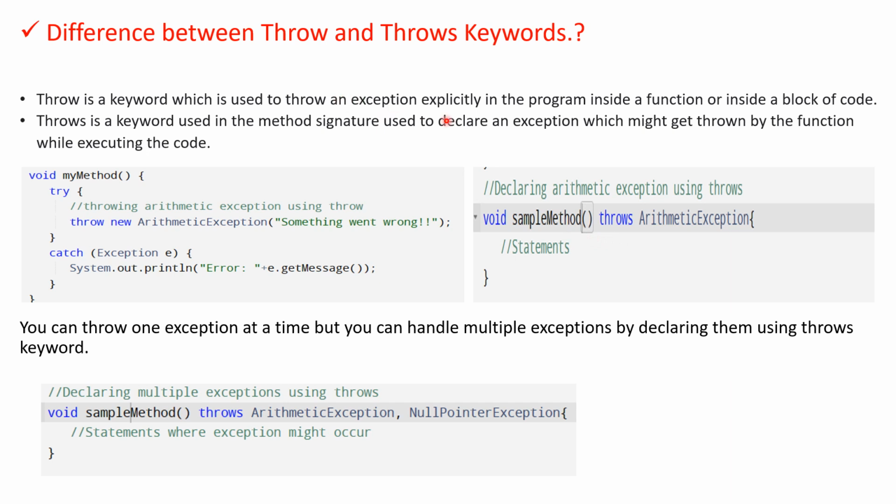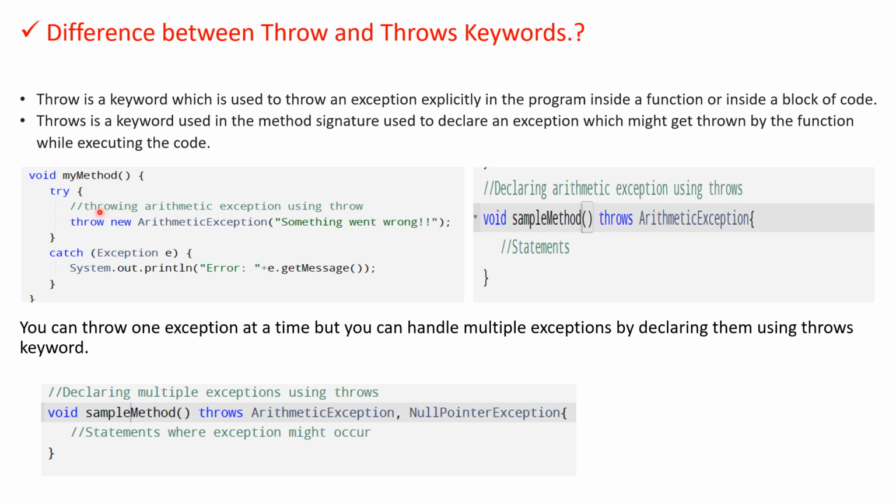As we said, it will be in the method signature. See here: void sampleMethod throws ArithmeticException. Then in that particular method we will have statements based on our operation. So here itself we declare it like this.